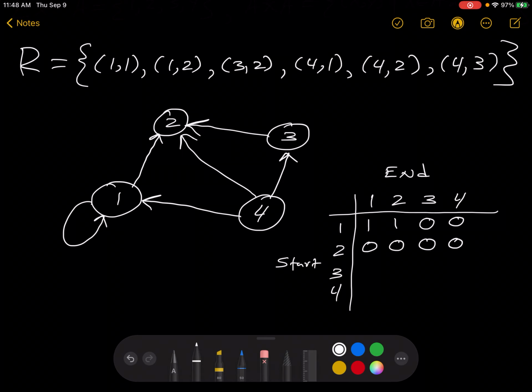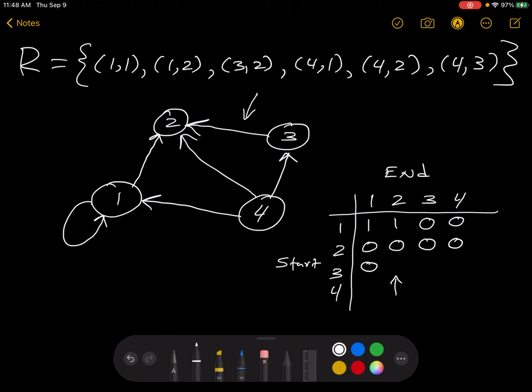Now moving on to this row. Specifically, this entry. Is there an edge that starts at 3 and ends at 1? No. Next. Is there an edge that starts at 3 and ends at 2?